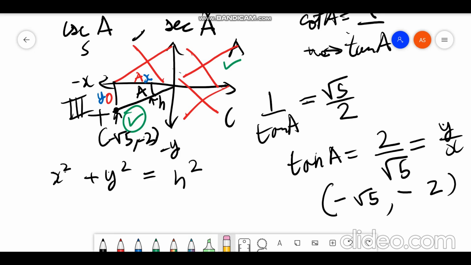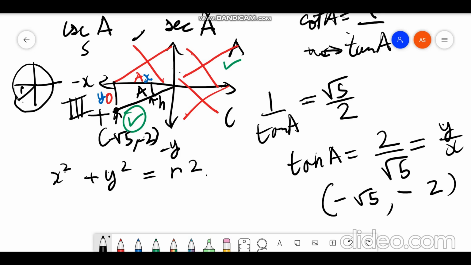We can also say h as r, because we're measuring the ratios on this circle, and this is basically the radius.